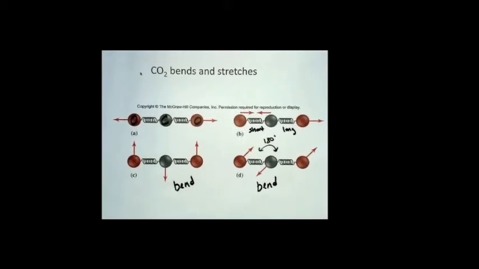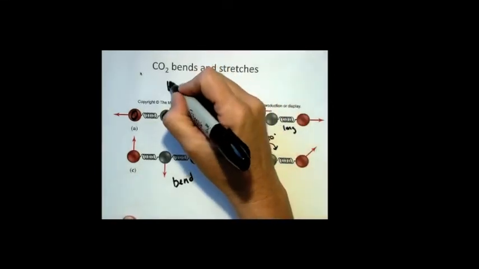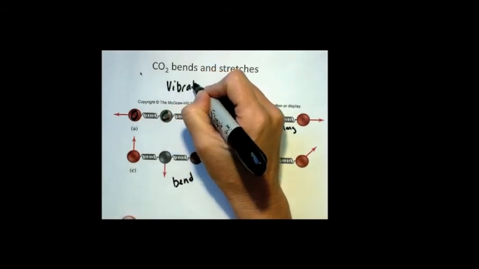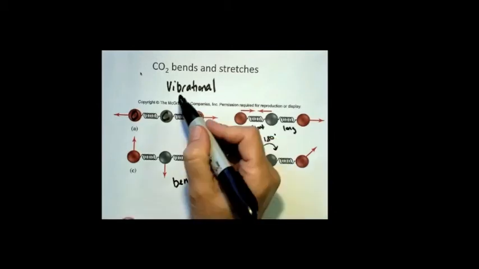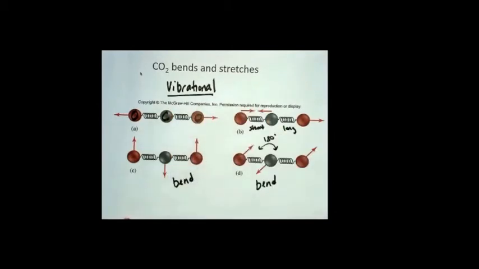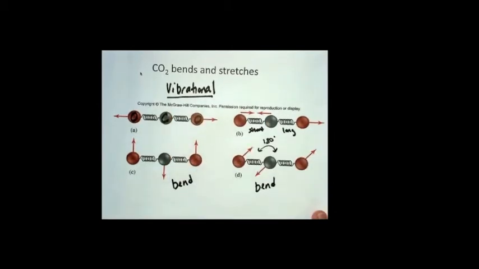So now we're recognizing that covalent bonds actually can be modeled as springs, and the bonds can undergo stretching and bending motion, and those types of bends and stretches are called vibrational motion. There are different types of motions that molecules can undergo.